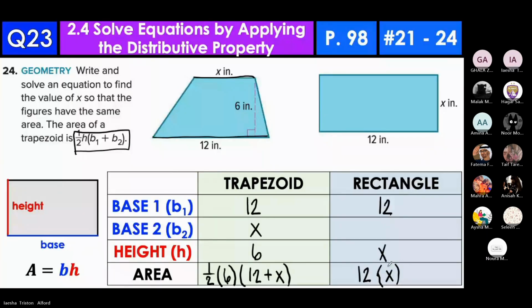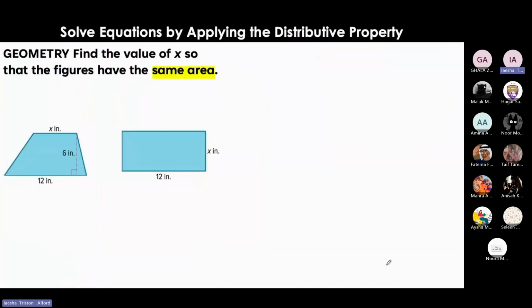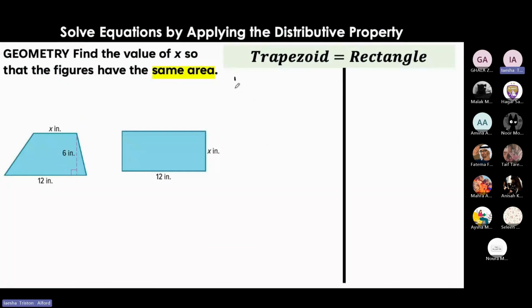Okay. So once you have that, same like we did before. So the trapezoid was what? 1/2 times 6 times x plus 12 equal 12 times x.